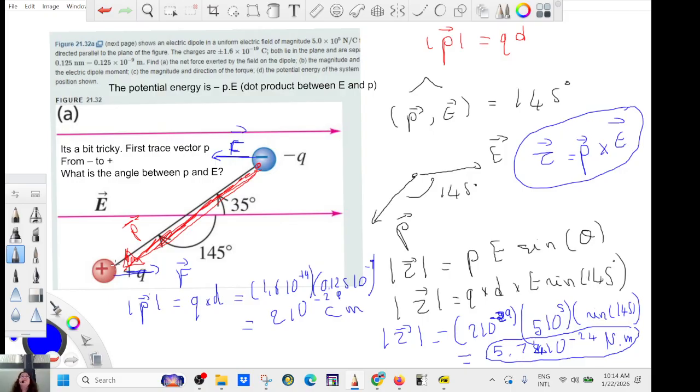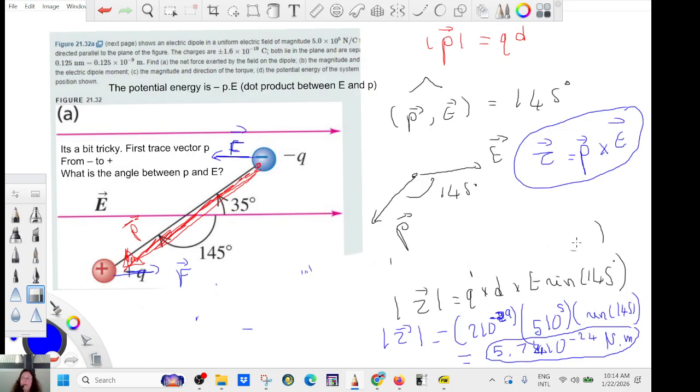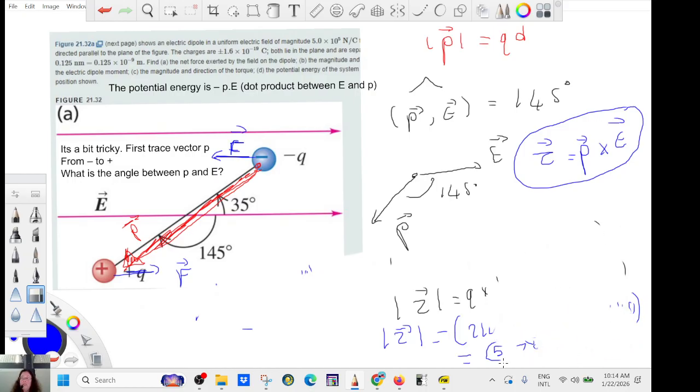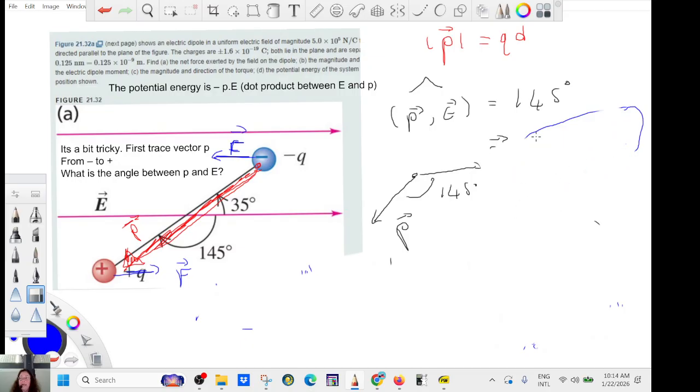Everything wants to go to a lower level of energy. So if I let go, this is lower energy. So just plugging in, let's find the potential energy of the dipole.